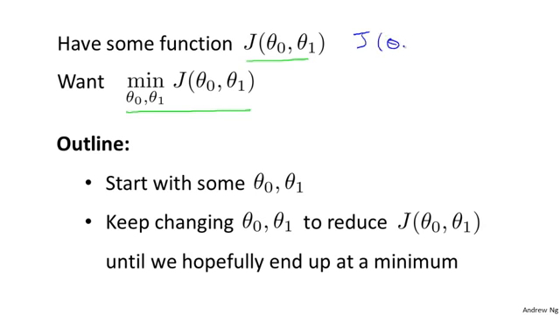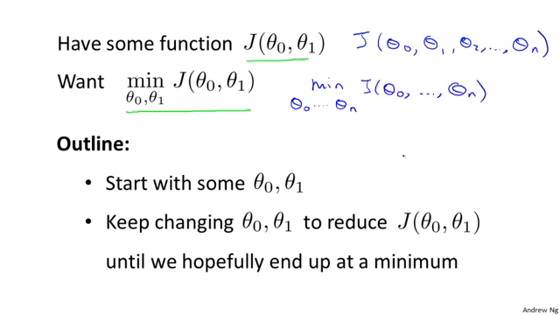So imagine you have a function J of theta 0, theta 1, theta 2, up to some theta n, and you want to minimize J of theta 0 up to theta n over theta 0 up to theta n. It turns out gradient descent is an algorithm for solving this more general problem, but for the sake of brevity, for the sake of succinctness of notation, I'm just going to pretend I have only two parameters throughout the rest of this video.